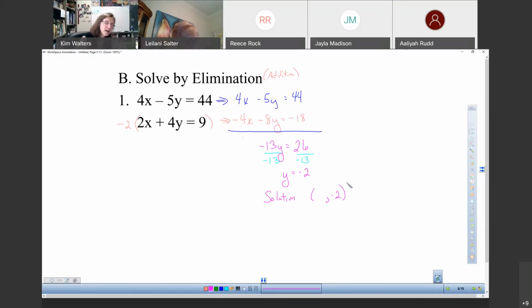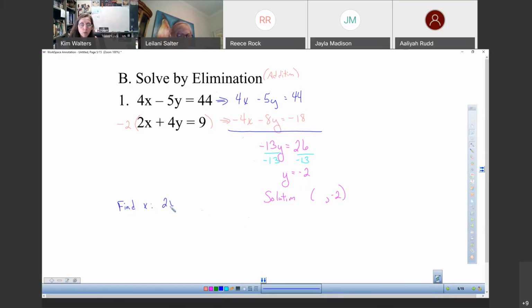And so I found y, and so now I need to substitute back into one of my two equations to find x. So I am going to rely on substitution to find x. So I eliminated a variable and I solved for y, and so now I'm going to pick one of the two equations. So the second part of this is I need to find the value for x.